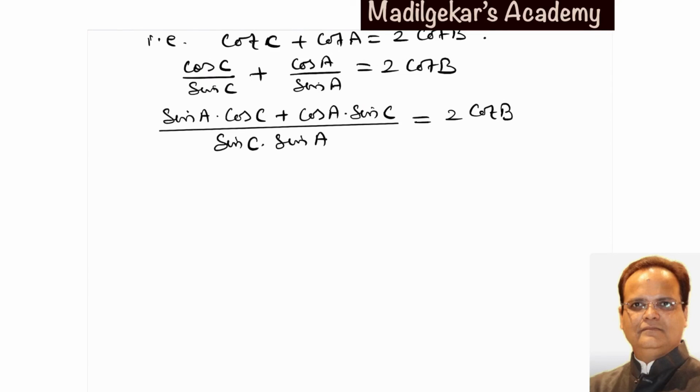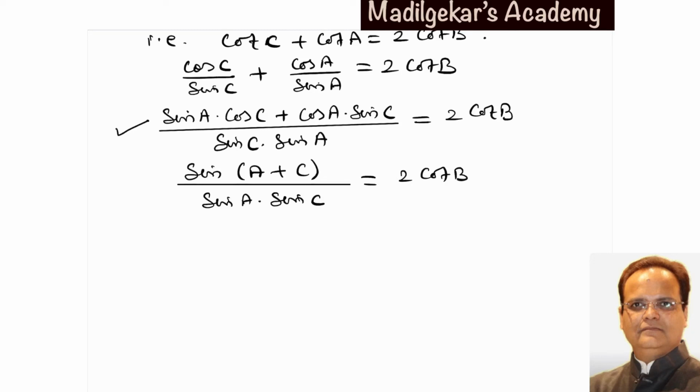You can observe this numerator is of the type sine A cos B plus cos A sine B. So by sum and difference formula, it must be sine of A plus C upon sine A into sine C. RHS as it is.